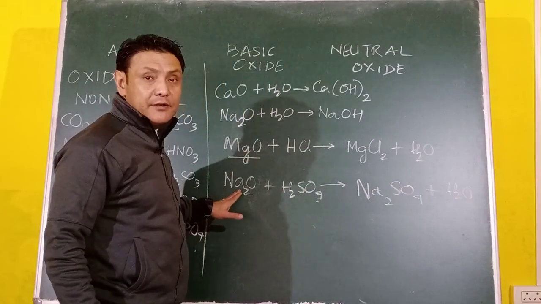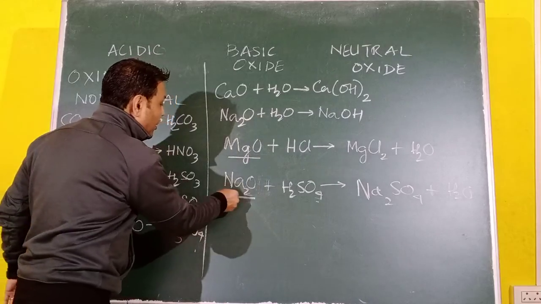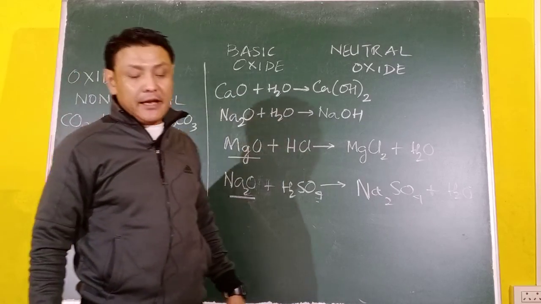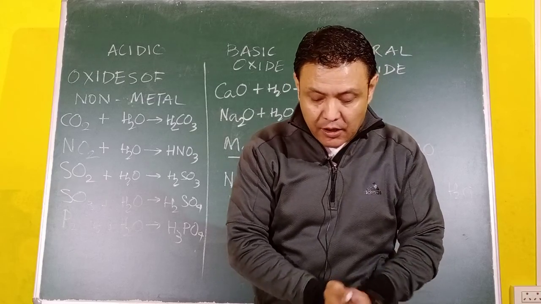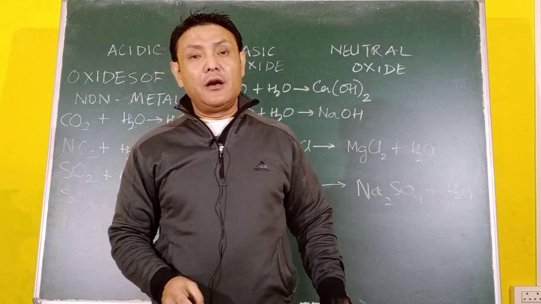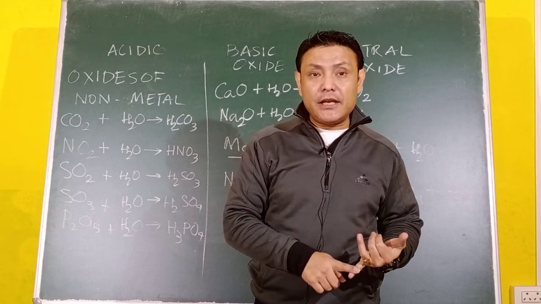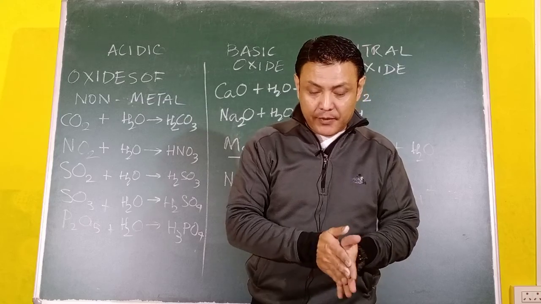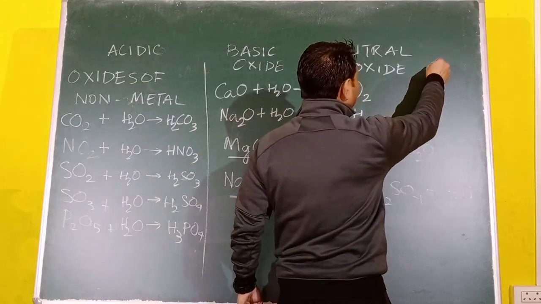So any substance which reacts with an acid to form salt and water is a base. So sodium oxide is basic in nature. Now we come to neutral oxide. Neutral oxides are those which are neither acidic nor basic. I'll give you an example here.